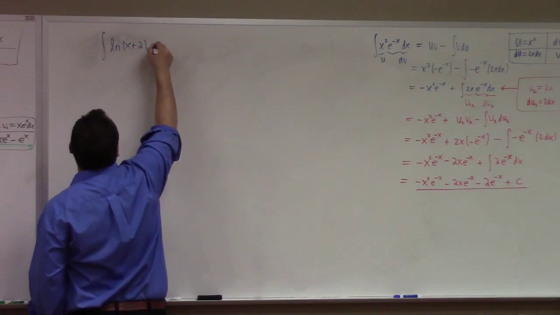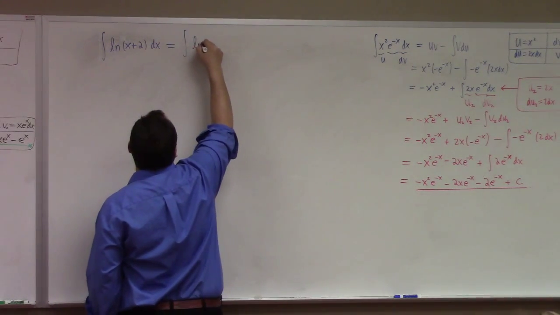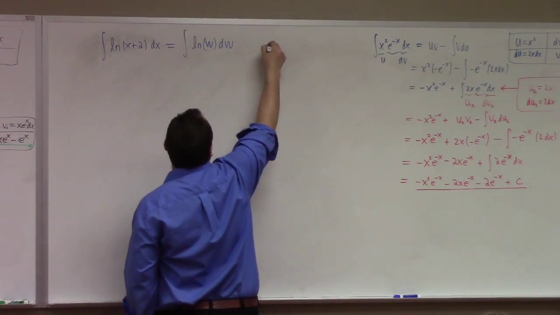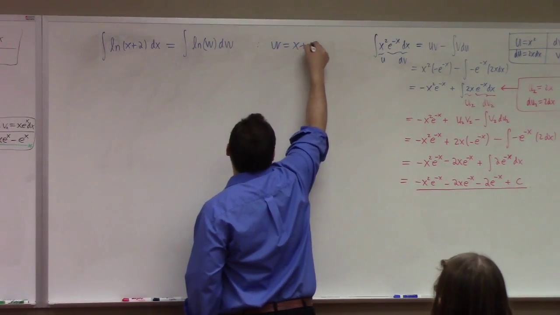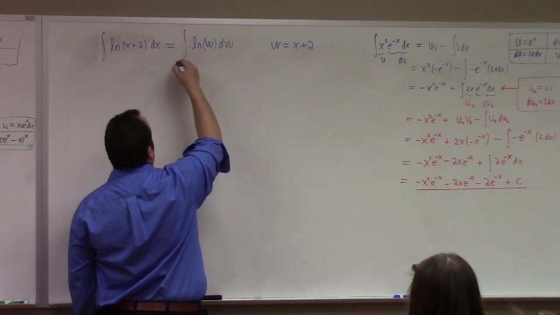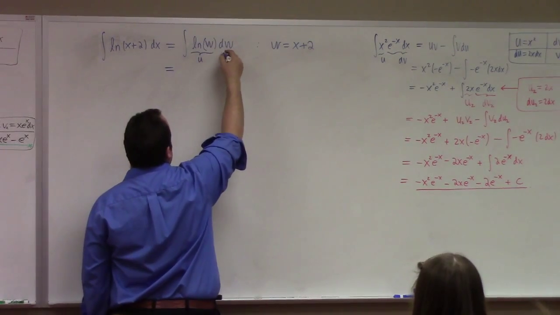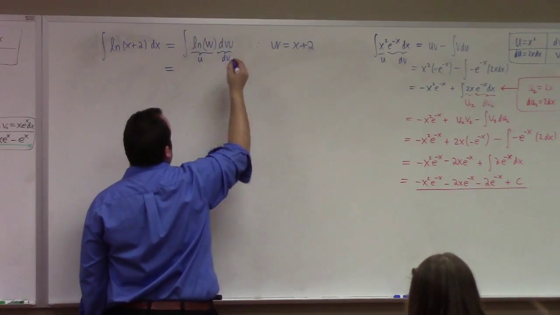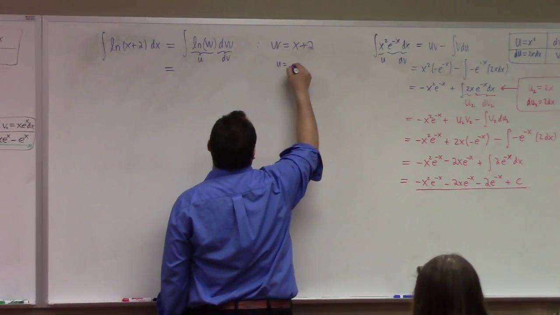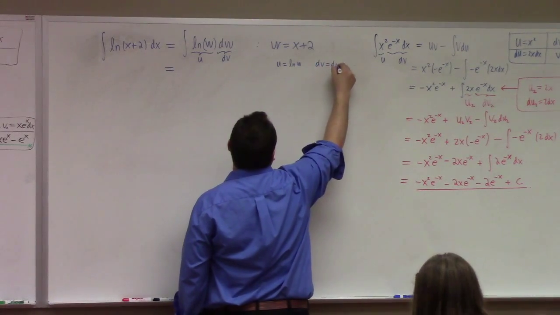So I want to show you a better way to attack this one: first make a substitution, make the w substitution up front. If you do that, then you can do integration by parts on this. So what we're going to do is let u be the natural log of w, and let dv be dw. So u equals ln of w, dv is dw.